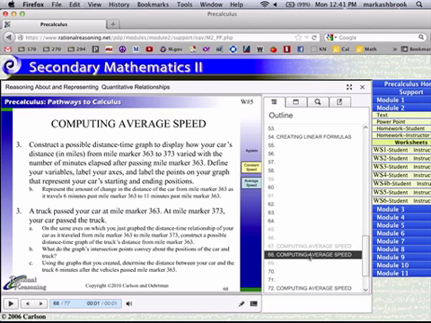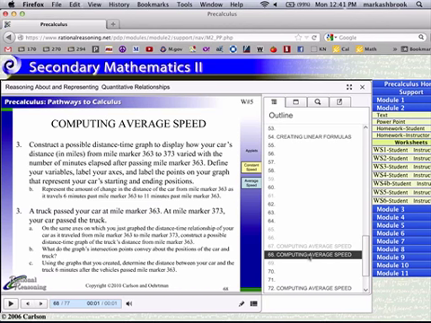Okay, I see lots of people. Remember we said delta y was change in distance and delta x is change in time. So your x-axis is going to be time. What time? Time elapsed since passing 363.